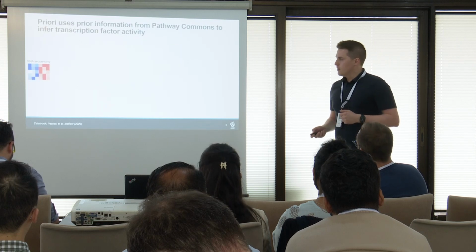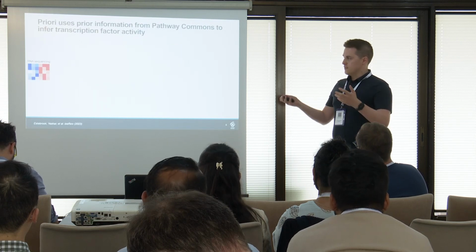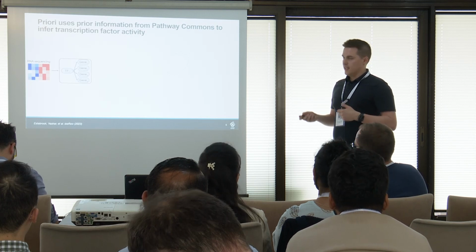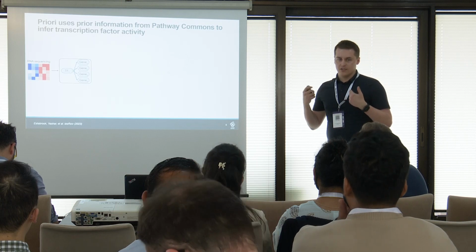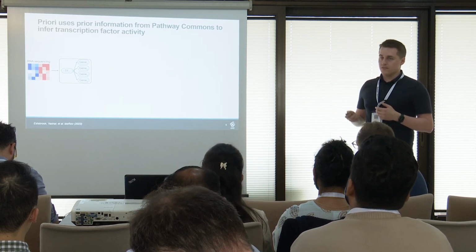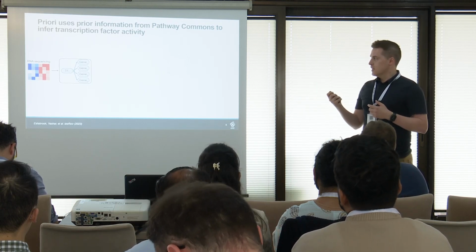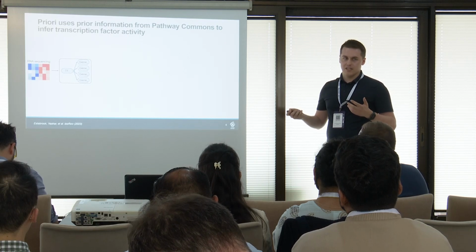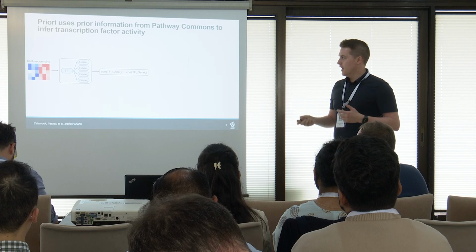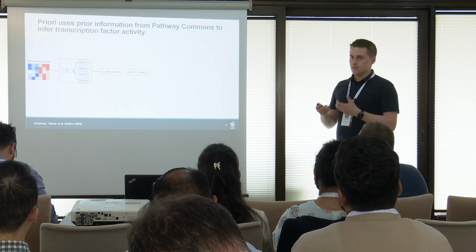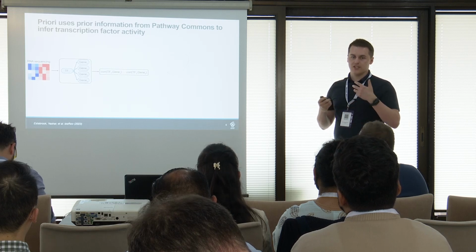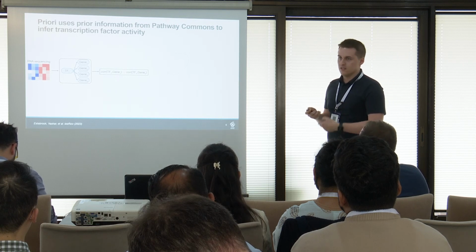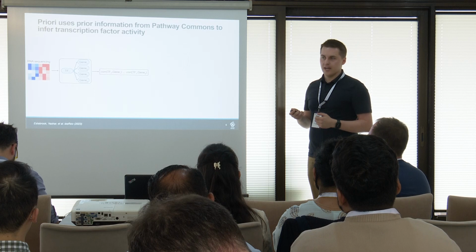And so what Priori does is, from an RNA sequencing data set, it calculates the relative activity of a transcription factor. What it first does is it pulls the target genes for a given transcription factor in a database from Pathway Commons, and takes the Spearman correlation between the expression of the transcription factor and its downstream target genes to calculate a weight associated with that pair.